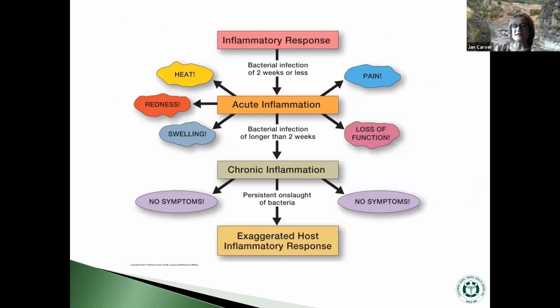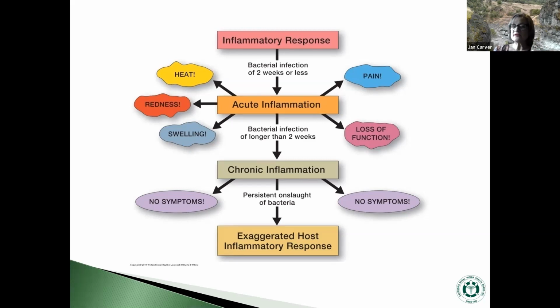So this little diagram basically is just showing the differences, because, let's say you get a splinter in your finger. Well, what happens? It goes into an acute inflammation. It gets hot, it gets red, it swells up, it's painful more than you would think for just a little thing.